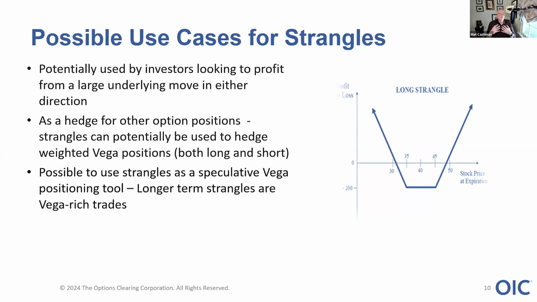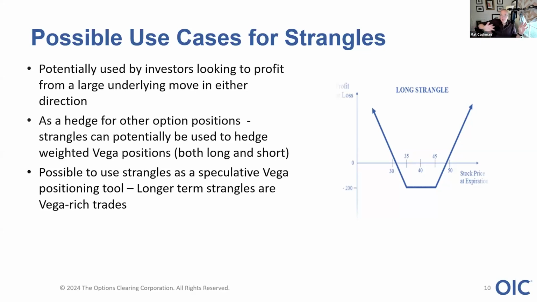So if you have a really speculative idea about vol, about implied vol in general, the nice thing about strangles is that they're far enough away from the at the money that they're less sensitive to actual underlying movement. But because of what I said about them being completely comprised of extrinsic value, they're all Vega.